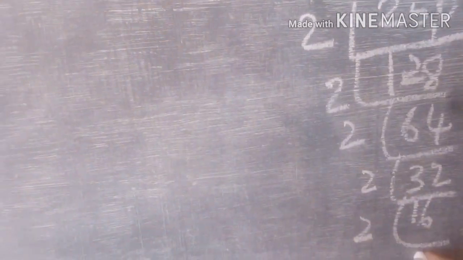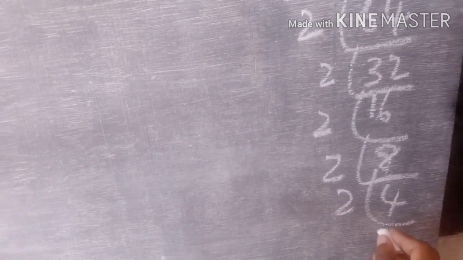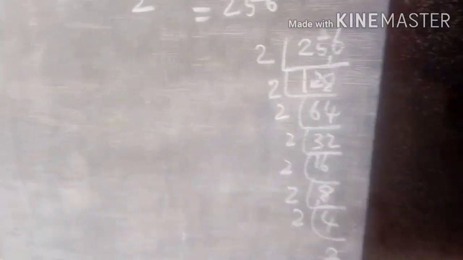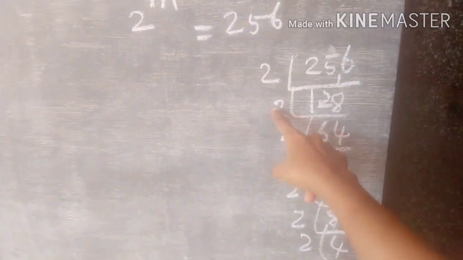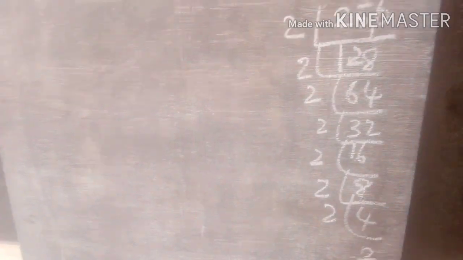Next 8 2s are. Next 4 2s are. Next 2 2s are. So how many 2s are there? 1 2 3 4 5 6 7 8.